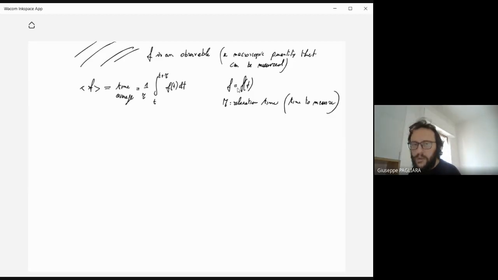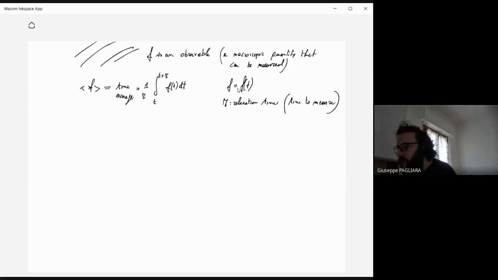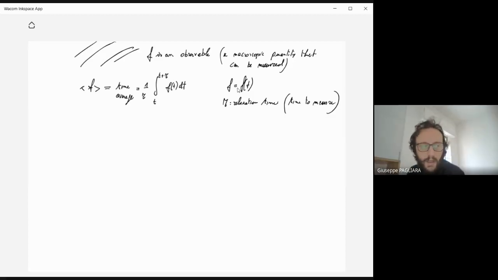That could be the pressure, the temperature, the volume, etc. Again, for the temperature, when you put your thermometer in your system, you need to wait a relaxation time in order for the system to interact with your thermometer, with your measuring apparatus. In that case, this time is the time you need to measure the temperature, for instance.